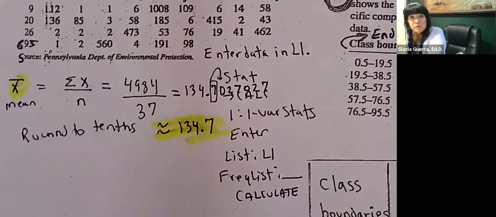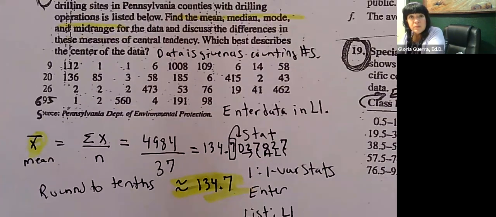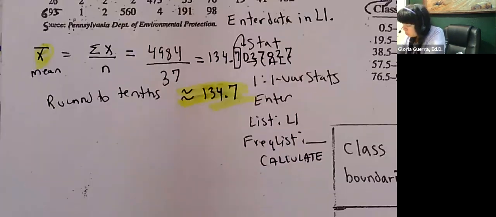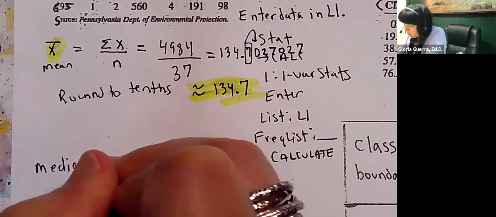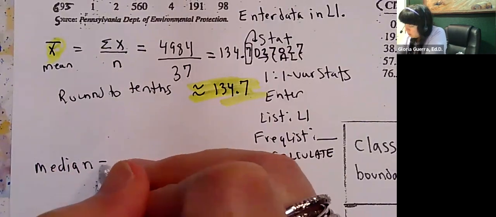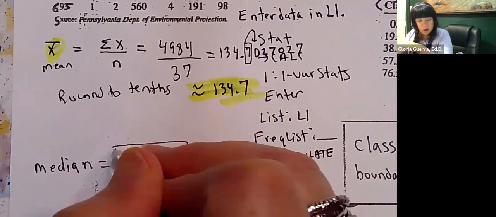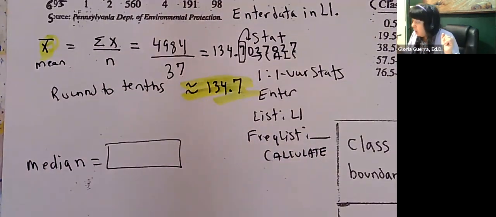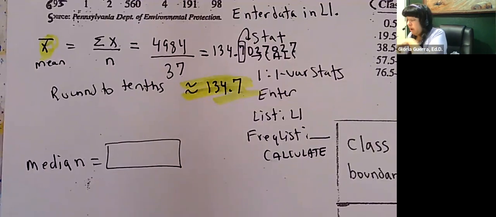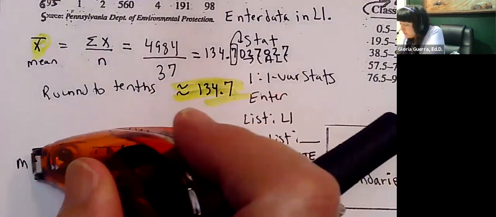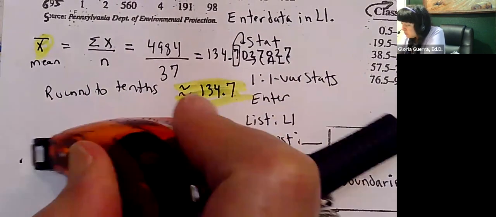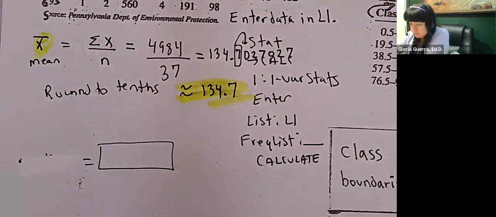Okay, the other thing they want us to find is the median. Oh, I remember. Sorry, I forgot. Remember, we're supposed to use this symbol. We do have a symbol for median.